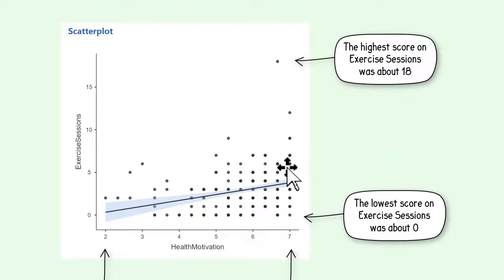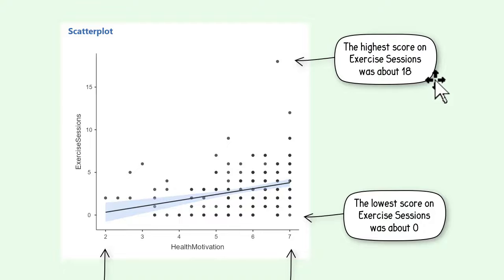Now I'm at page 8. Here is a scatter plot in your Jamovi Guide. The y-axis variable is exercise sessions. How are you supposed to know what's the highest score that was displayed on your y variable exercise sessions? By seeing which score was positioned the highest in the scatter plot.